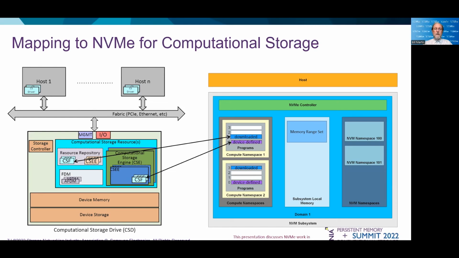There is not a concept of preloaded programs being in the resource repository that are then moved by a host application from that resource repository into the compute namespace. So some minor differences there, but they are not impacting how the models work together per se.